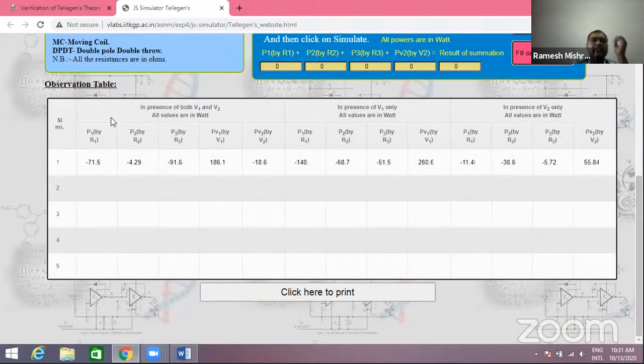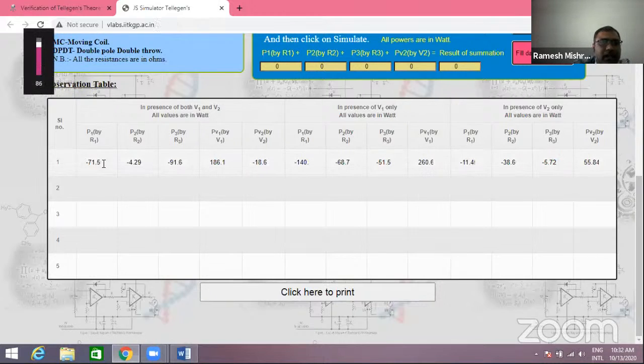When V1 and V2 are both present, the power of the first resistance is equal to minus 71.5, and the second resistance power is minus 4.29.